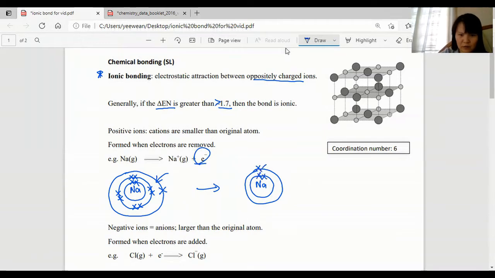So it is smaller. And the number of protons didn't change, but the number of electrons is now less. So it pulls harder, so it's smaller now. And this is an Na+. The electronic configuration would be 1s2, 2s2, 2p6, and the 3s1 is gone. So we take out the electrons from the outermost shell always.